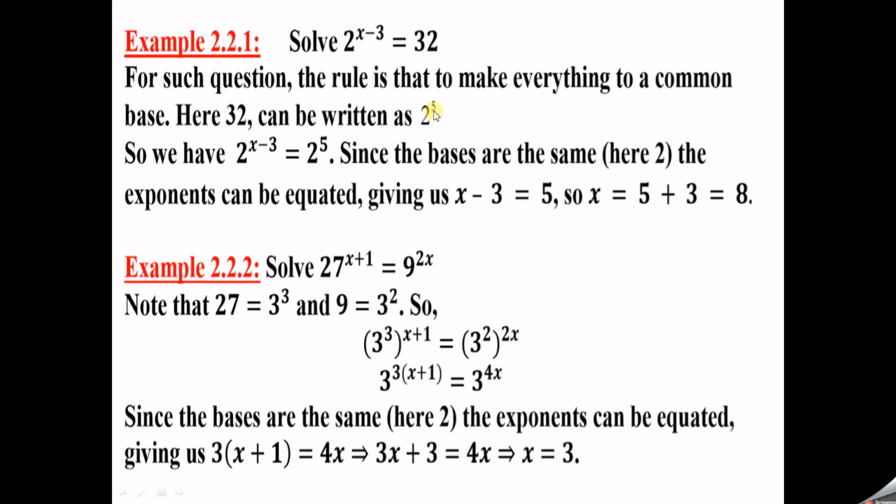2 power 5 is nothing but 32. Therefore this equation can be written as 2 power x minus 3 is equal to 2 power 5. In place of 32 we can replace it by 2 power 5, so that the equation has exponents of the same base. 2 here, the base, here also the base is 2.